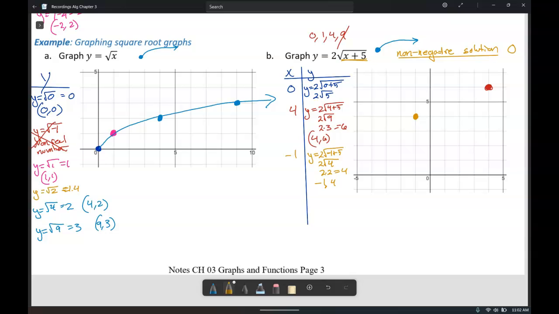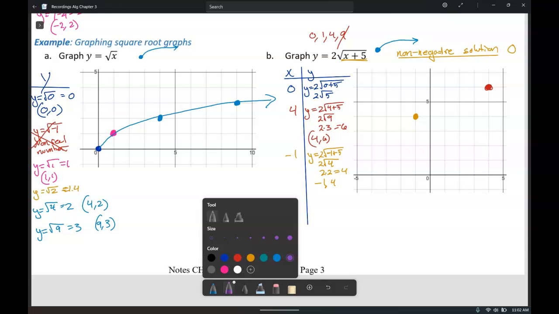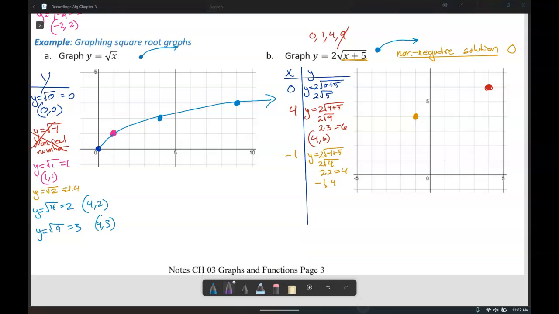Well, if x is negative 5, that's about as small as we can go. Let's try negative 5. So y equals 2 times the square root of negative 5 plus 5, which is 0. 2 times 0 equals 0. So we have the point negative 5 comma 0.